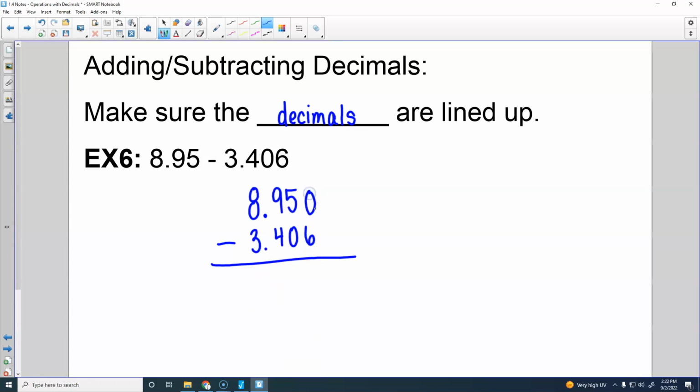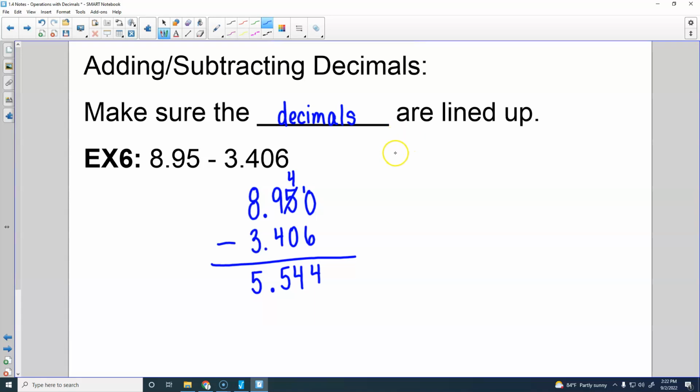Good job. But can I do 0 minus 6? No, I must borrow. So that'll be 4. 4 minus 0 is 4. 9 minus 4 is 5. Keep that decimal lined up there. And we get 5.544.